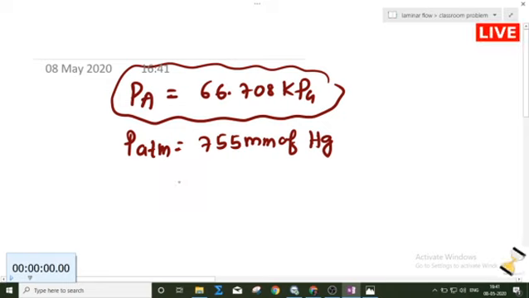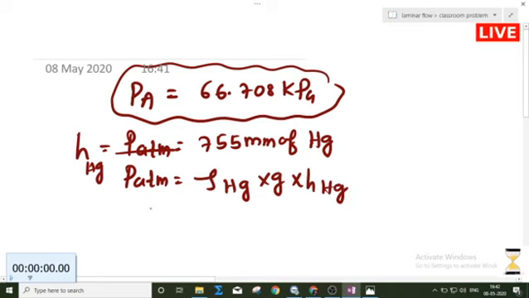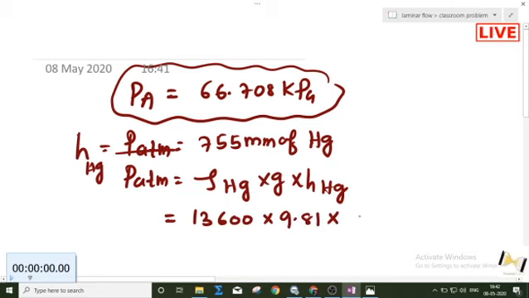Now the atmospheric pressure you find out, because this is given in the form of head. Now you convert it into pressure form. That is density of the mercury times g times the head of the mercury. So the density of mercury is 13,600, g is 9.81, and the head of the mercury is 755.